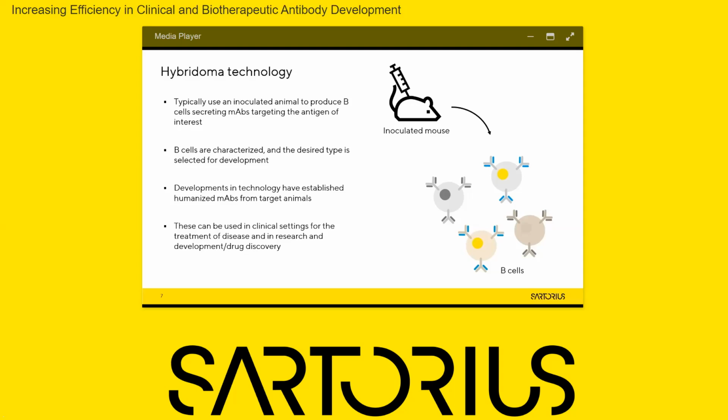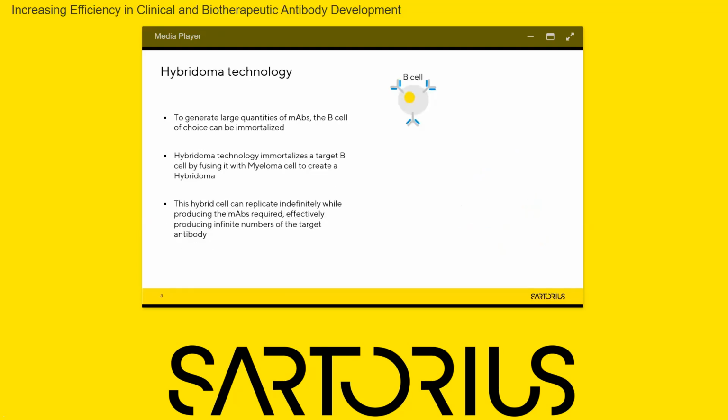These B cells are then harvested from the inoculated animal and characterized, and then the desired type is selected for development. Developments in the technology have established humanized monoclonal antibodies from target animals, which are far more useful in clinical settings, and these can be used in clinical settings for the treatment of disease and in research and development / drug discovery.